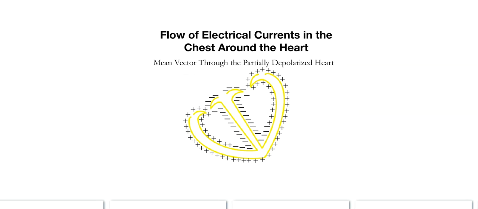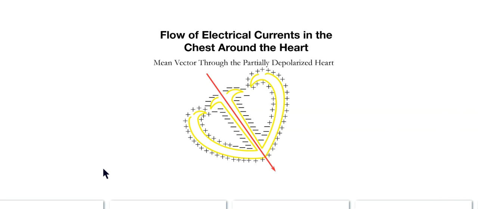All right, so let's talk about the actual ECG itself, because this is going to be really important in understanding the mean electrical axis. Through a partially depolarized heart, the current is effectively traveling around 60 degrees. Okay? If directly due east is 0, and you increase as you move clockwise, this is roughly 59 to 60 degrees.